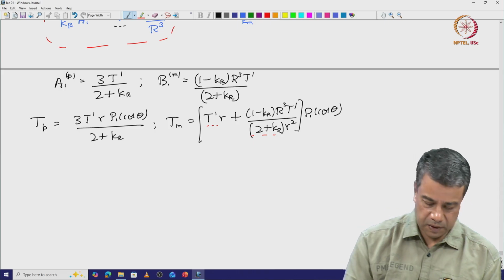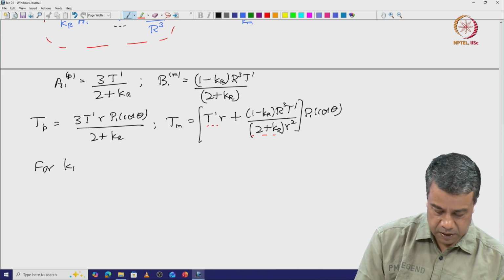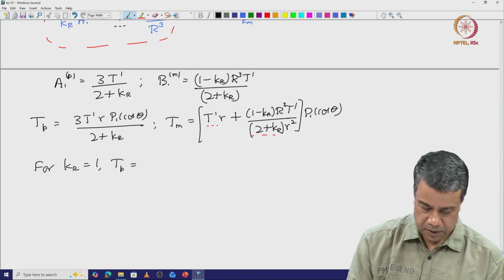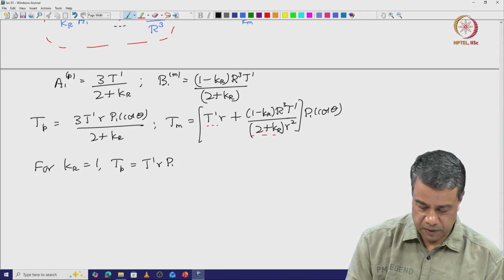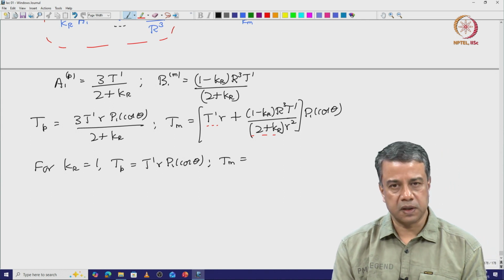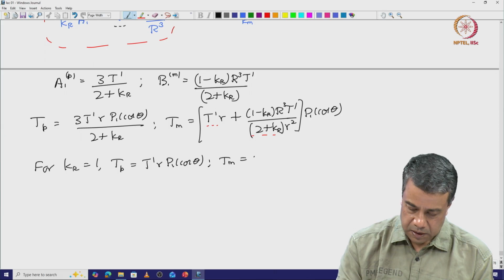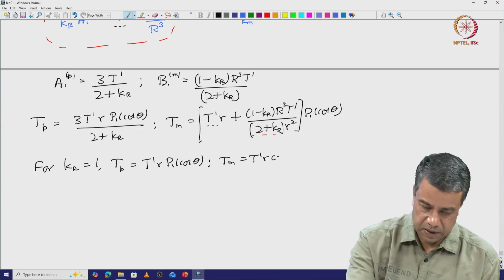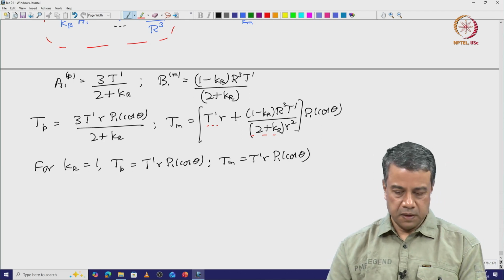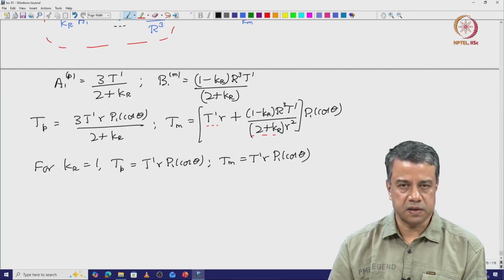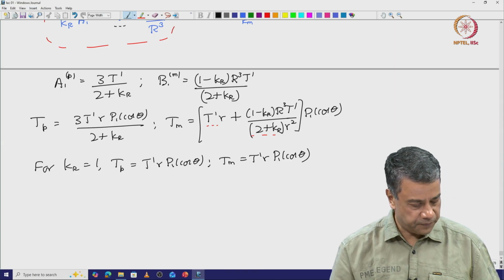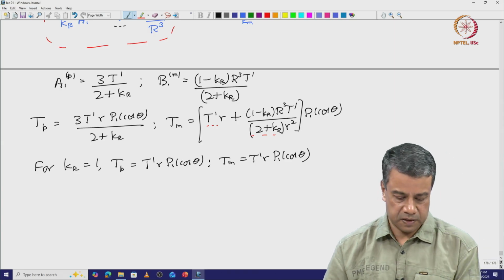And you can see that for K r equal to 1, T p is equal to T' r P1 of cos theta, and T m is also equal to T' r P1 of cos theta, because that factor of 1 minus K r becomes 0. So, in this case you have no temperature disturbance, equal to having just a uniform system. So, that verifies the consistency of the formulation.